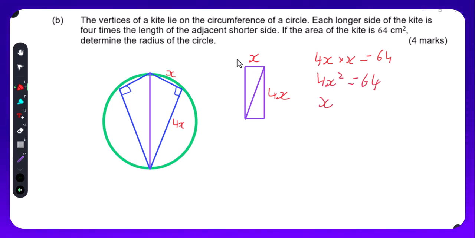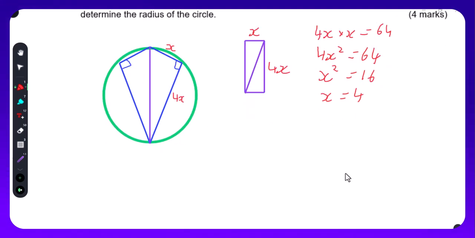Actually, let's keep it to squared: X squared equals 16, so X is therefore equal to 4. So we've figured out that X is equal to 4, but we are trying to find the radius. Now the hypotenuse, the purple line on my circle, is going to be the diameter.